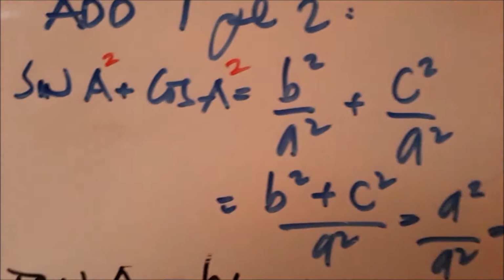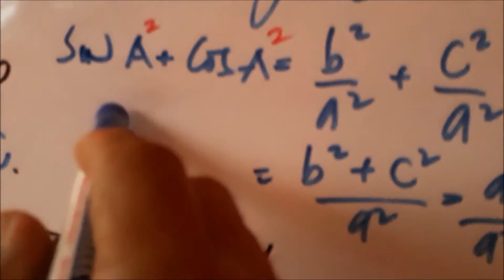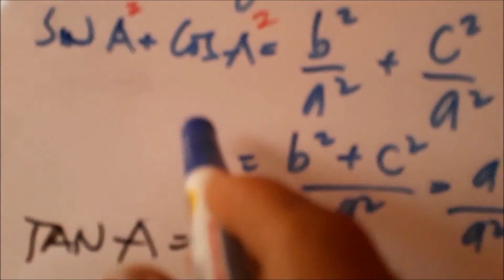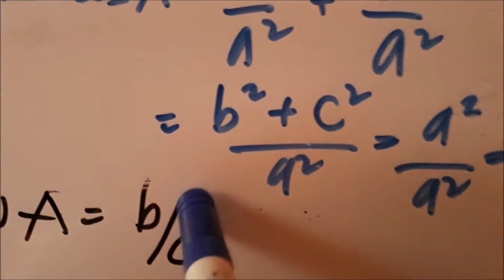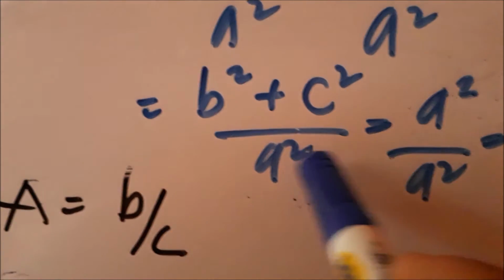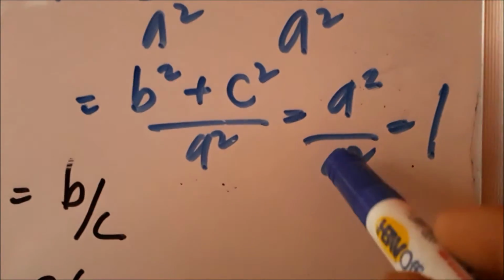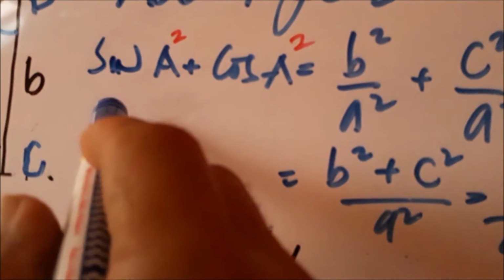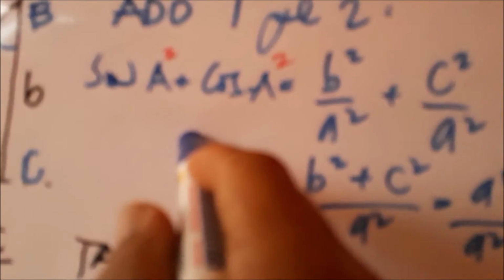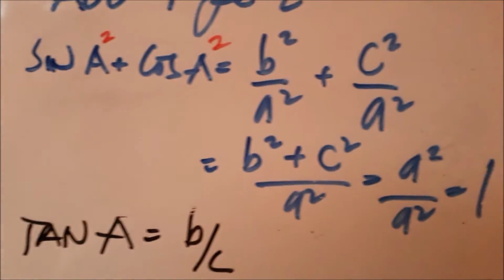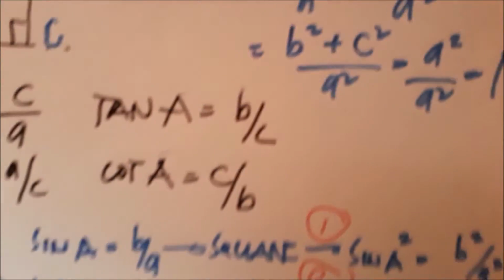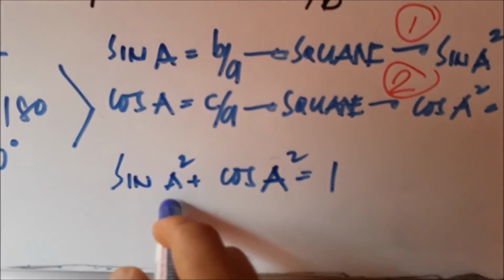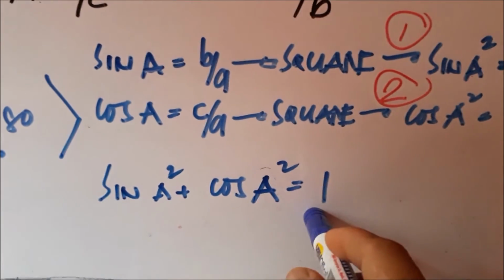Based on the equation, sine A squared plus cosine A squared, we simplify it: B squared plus C squared over A squared is equal to A squared over A squared. Cancel, so we arrive at sine A squared plus cosine A squared is equal to 1.